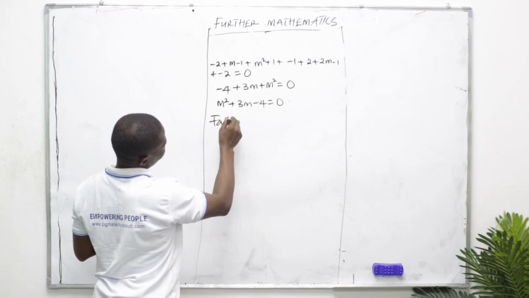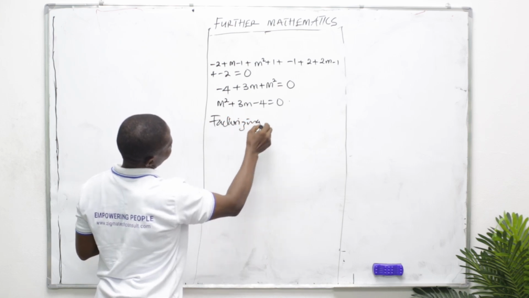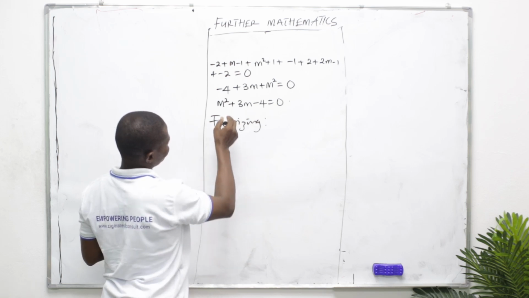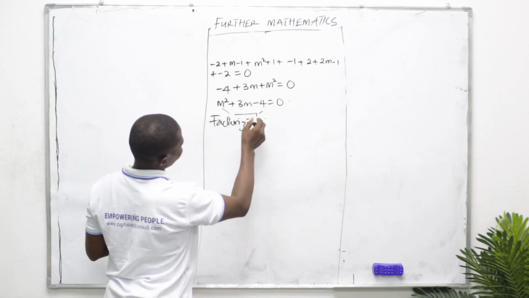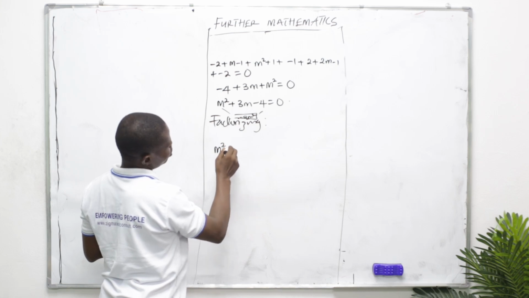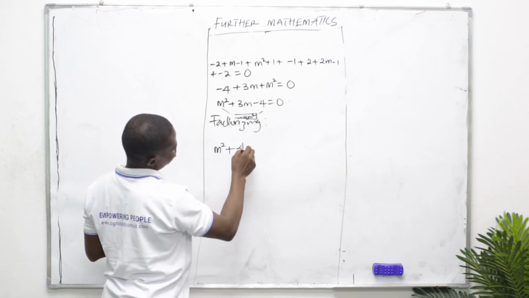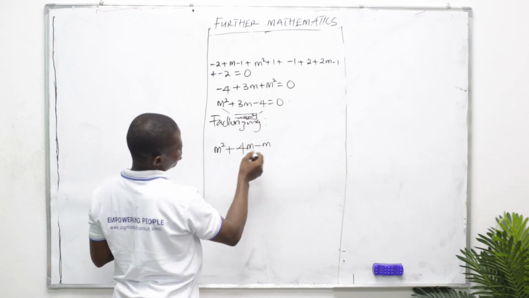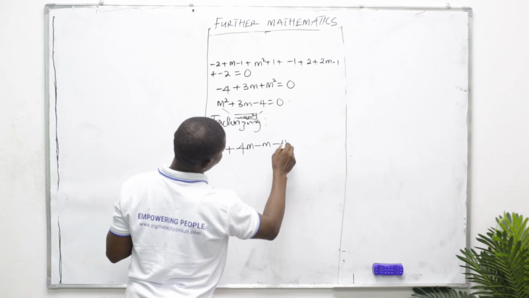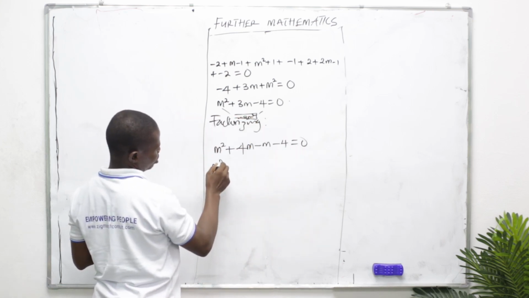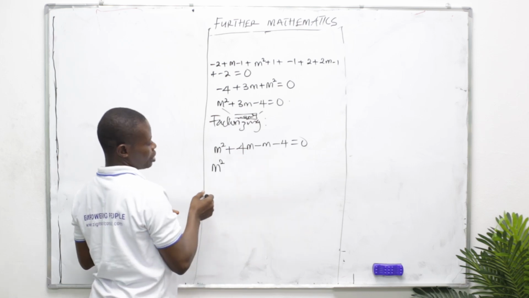Factorizing this, we bring down m squared. What are the two numbers that when multiplied give us minus 4m squared, and when added give us plus 3m? The two numbers are 4m and minus m.